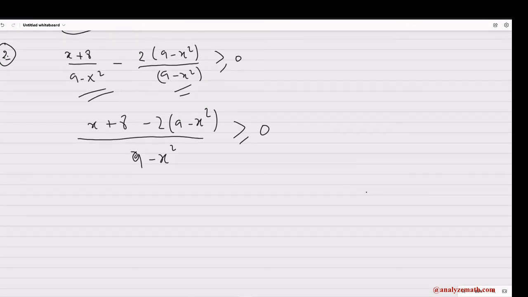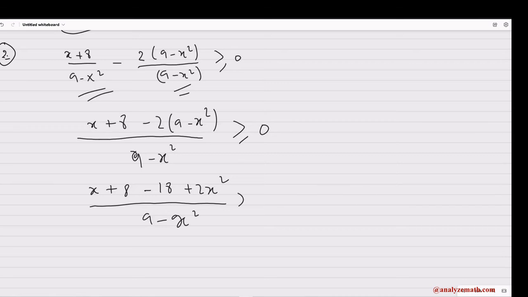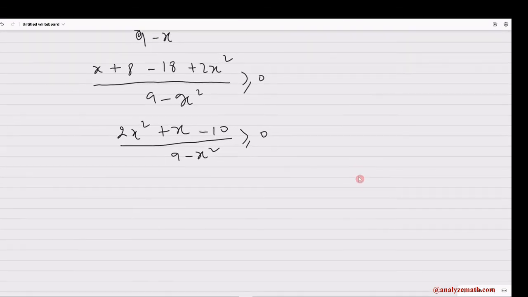Now we expand the numerator: x plus 8 minus 18 plus 2x², over 9 minus x², bigger than or equal to 0. Group terms in the numerator. We have 2x² plus x minus 10 over 9 minus x² bigger than or equal to 0. So this is in standard form.